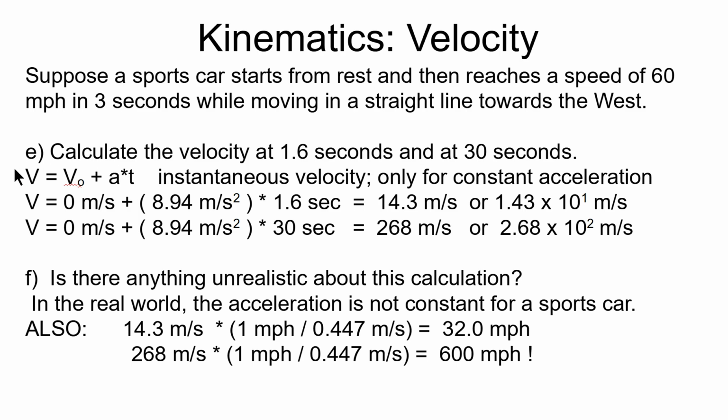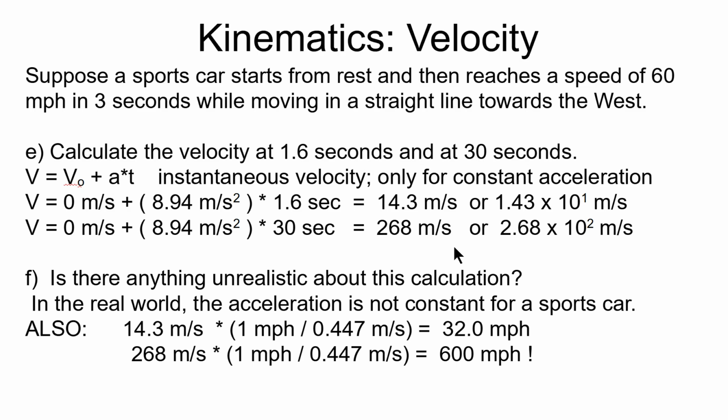Final velocity equals initial velocity plus acceleration multiplied by time. If we do this for the 1.6 second case, again, you can pause the video and verify this. I got 14.3 meters per second. For the case of 30 seconds, multiplied by this assumed constant acceleration, we came up with 268 meters per second.